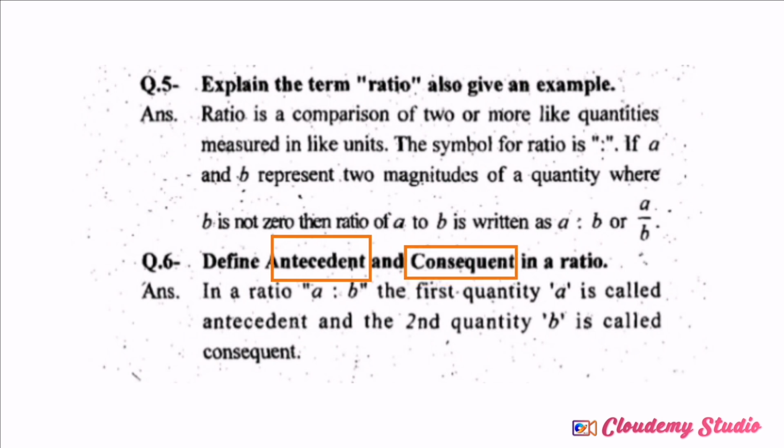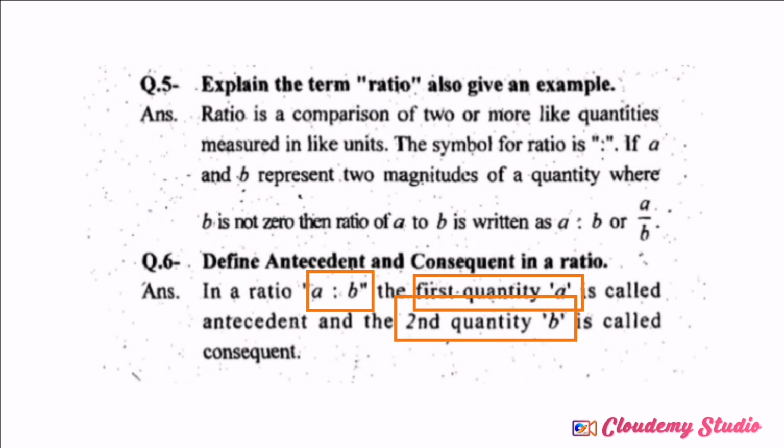In a ratio A ratio B, the first quantity A is called the antecedent and the second quantity B is called the consequent.